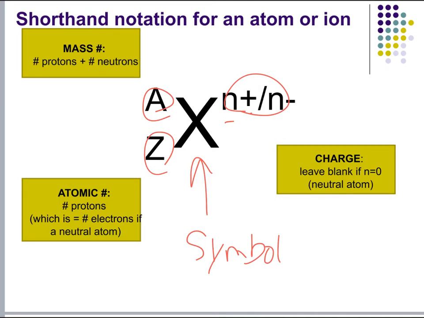So you just put what the charge is up there, and that's going to affect your number of electrons. Normally protons equal electrons, but if you see a minus, then it's going to have more electrons, and if you see a plus, then it would have less, just like we just talked about. So that's where you're going to find the directions on whether to have extra or less electrons.